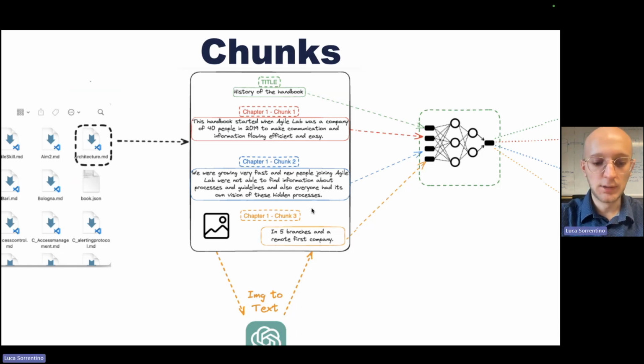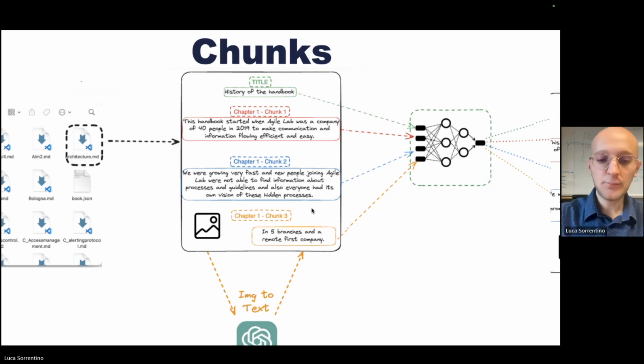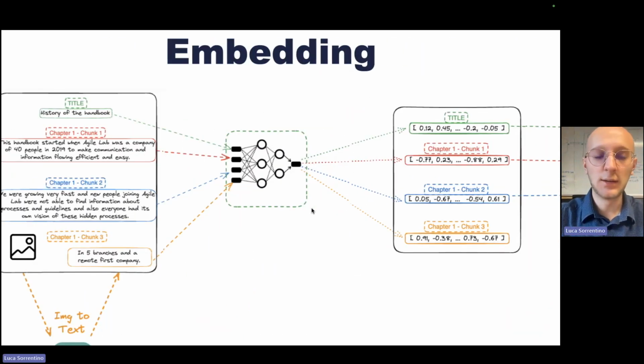So we can ask the language model to look at the image and describe in a lot of detail the content inside the image. By doing this process, we are now able to index the content inside the image. Some embedders are natively multimodal.